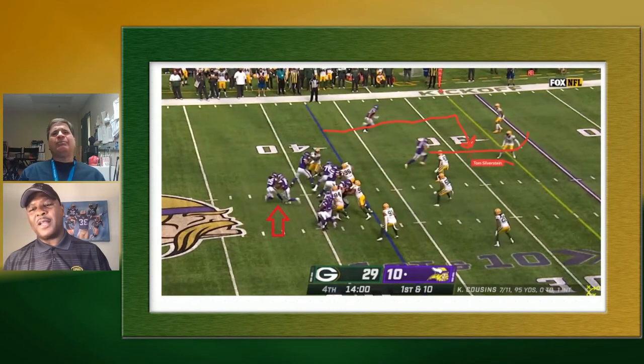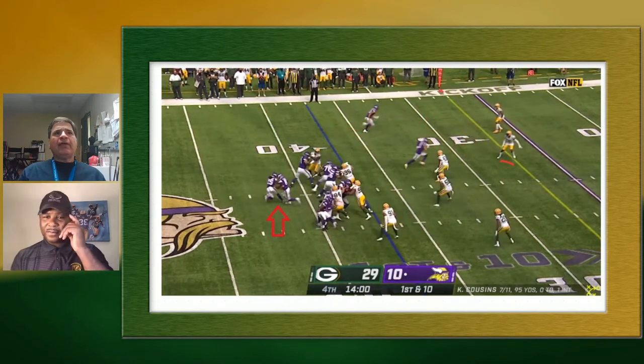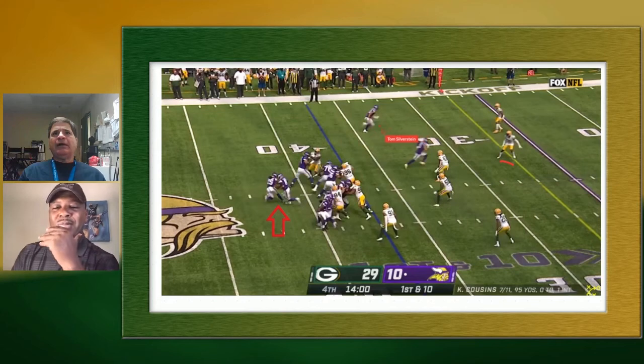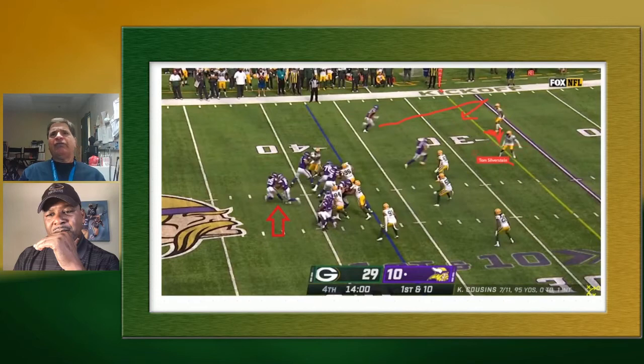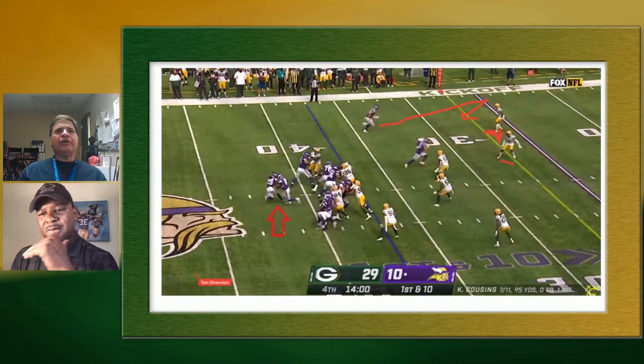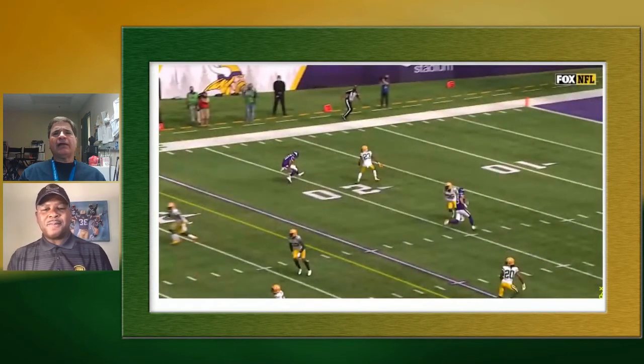Yeah. I'm sorry, I said post. I meant a corner route. Yeah, corner route. Right. Yep. And so what happened was, let's remove that, this guy ran a comeback, and that kind of drew Savage's eyes to there.